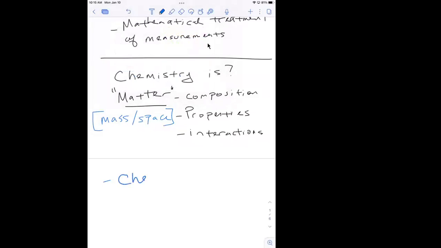Chemistry takes place when matter is manipulated. And not in a physical sense, but in the sense of converting it to another type of matter.